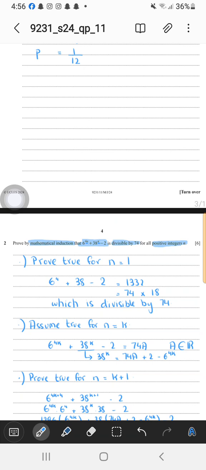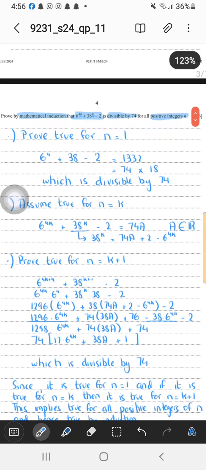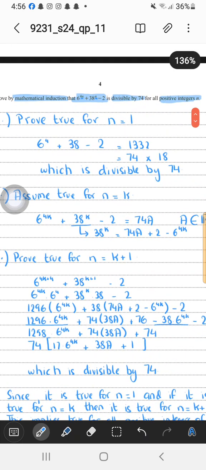Through this we found that 38^k is equal to 74a plus 2 minus 6^(4k). Then there is the third step, prove true for n is equal to k plus 1, where we substituted k plus 1 instead of n, and got 6^(4k+4) plus 38^(k+1) minus 2. We wrote it separately, multiplying the terms instead of adding the powers.